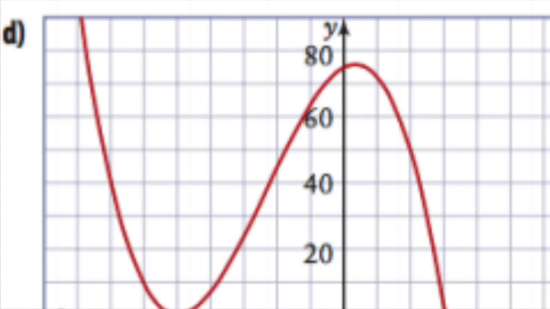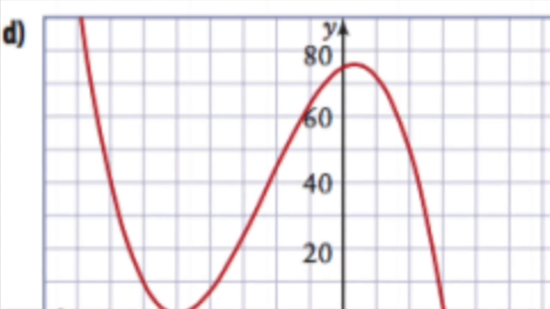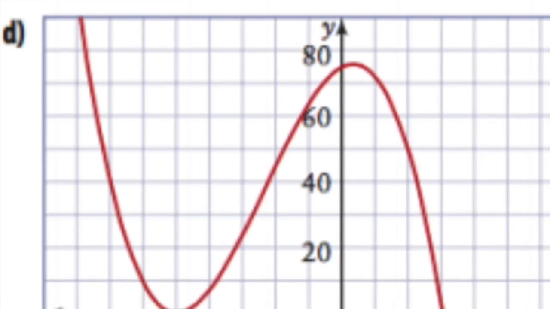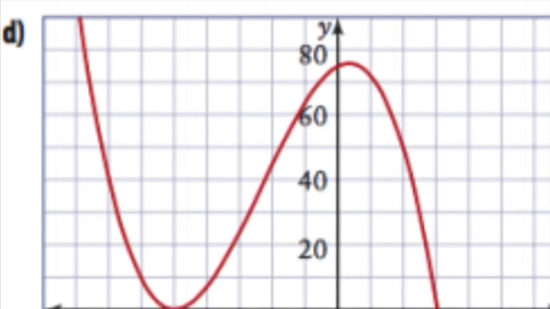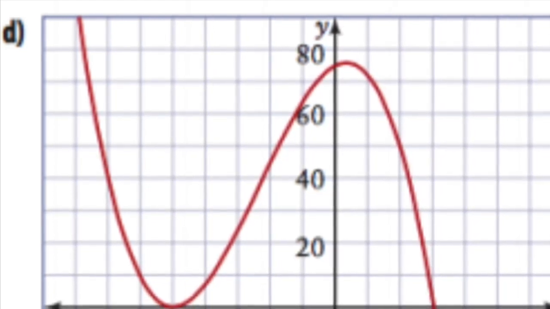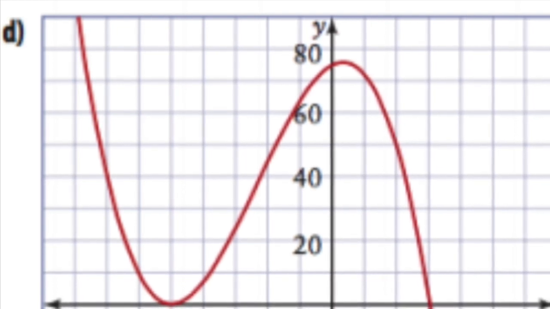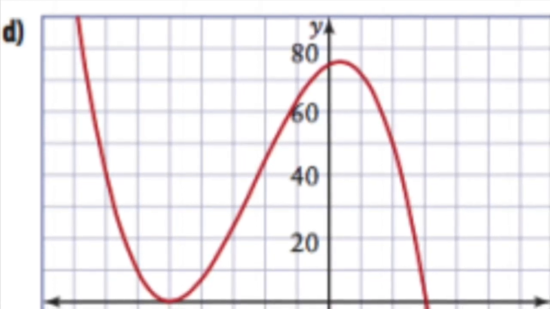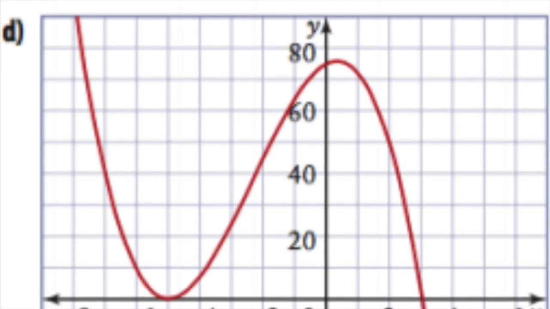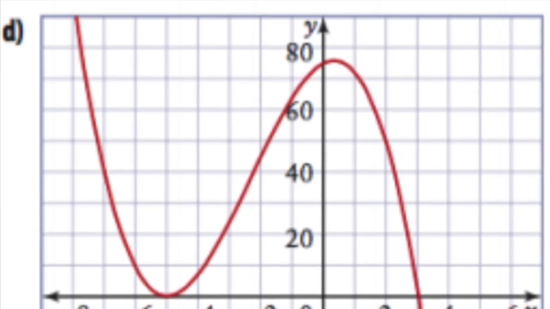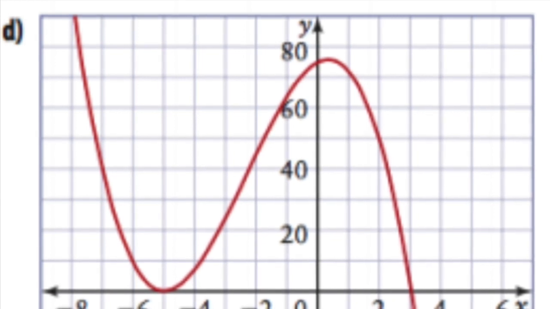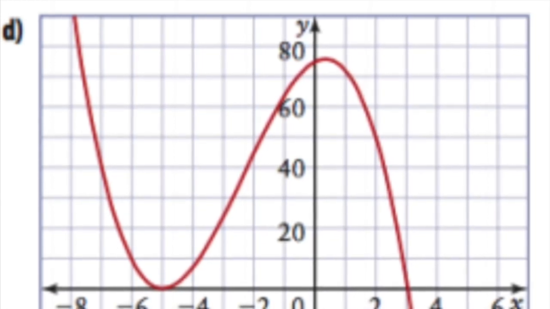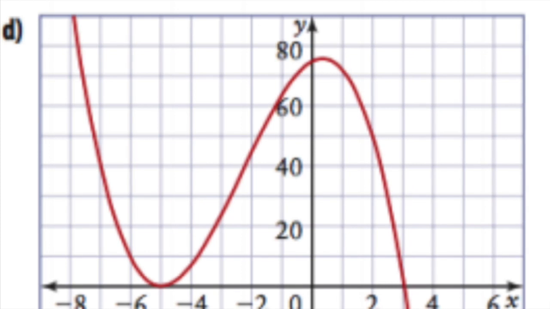Finally, for the final question of this solution project, we will be identifying which orders apply to graph D. So looking at graph D, we can identify that there are two x-intercepts. The first at -5, 0, where the function touches the x-intercept, making it order 2 because it only touches.